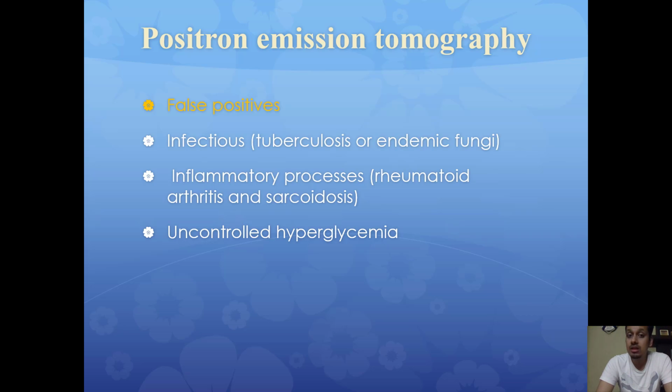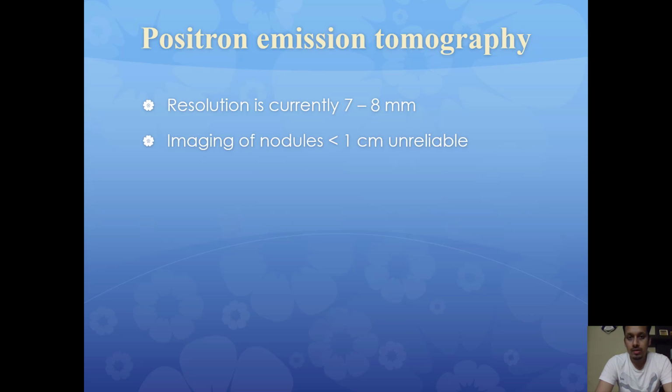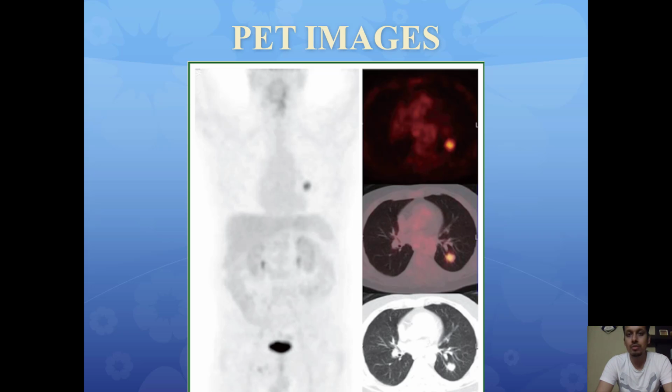False positive is in infections, where especially tuberculosis is one lesion where often we see PET positivity. Also patients who have uncontrolled hyperglycemia, for obvious reasons. But the resolution is currently 7 to 8 millimeters, and the imaging of nodules which are less than 1 centimeter is actually unreliable on PET images.